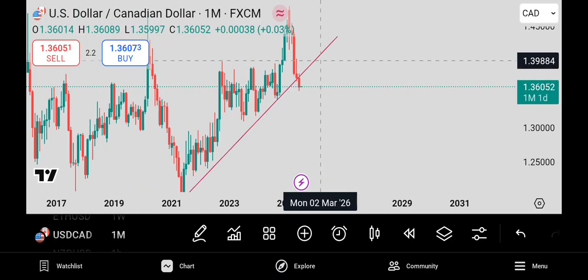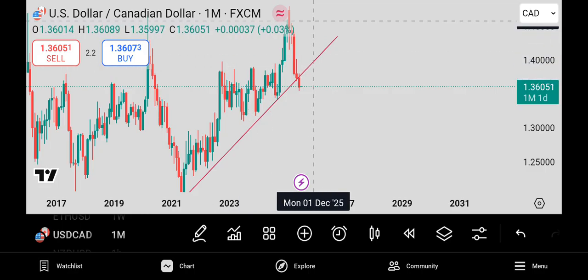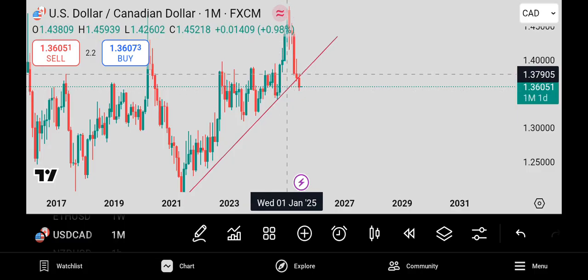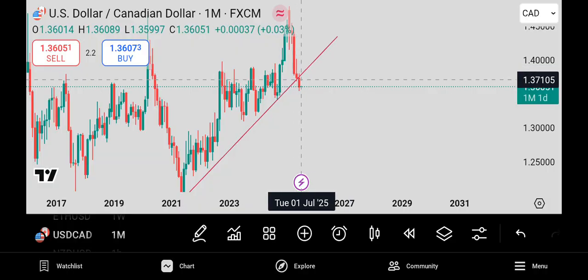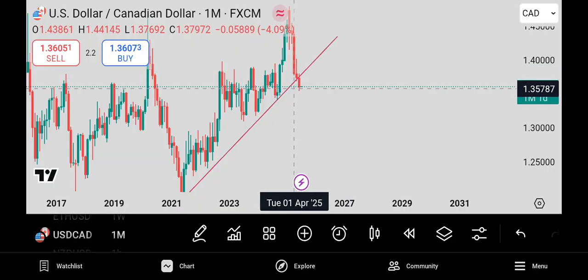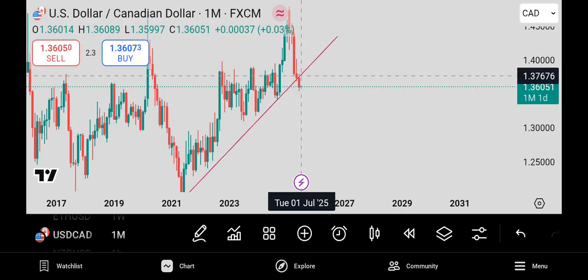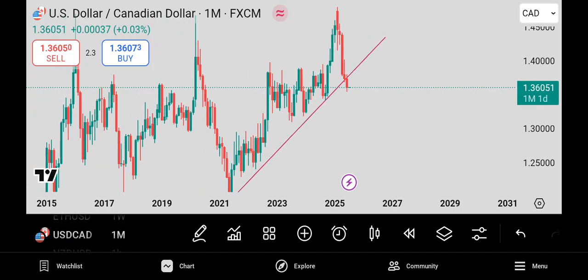On the norm, the market should come and respect this support and keep going up, but the market came and broke this counter trend line with this engulfing candle. The market has been breaking it from the weekly, but the month just ended, and the market actually broke it with an engulfing candle from the monthly time frame. So that is number one.